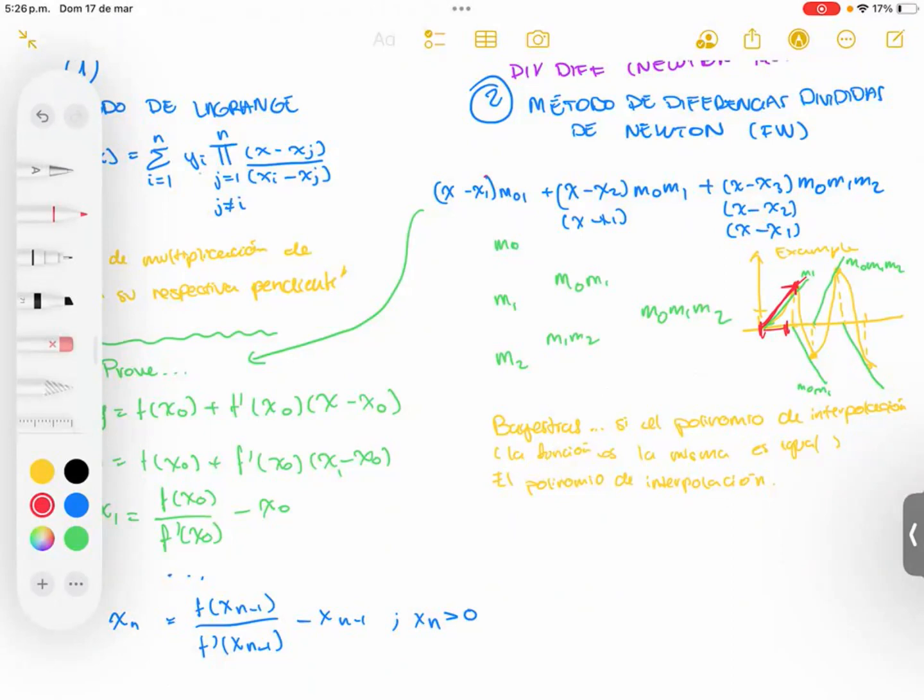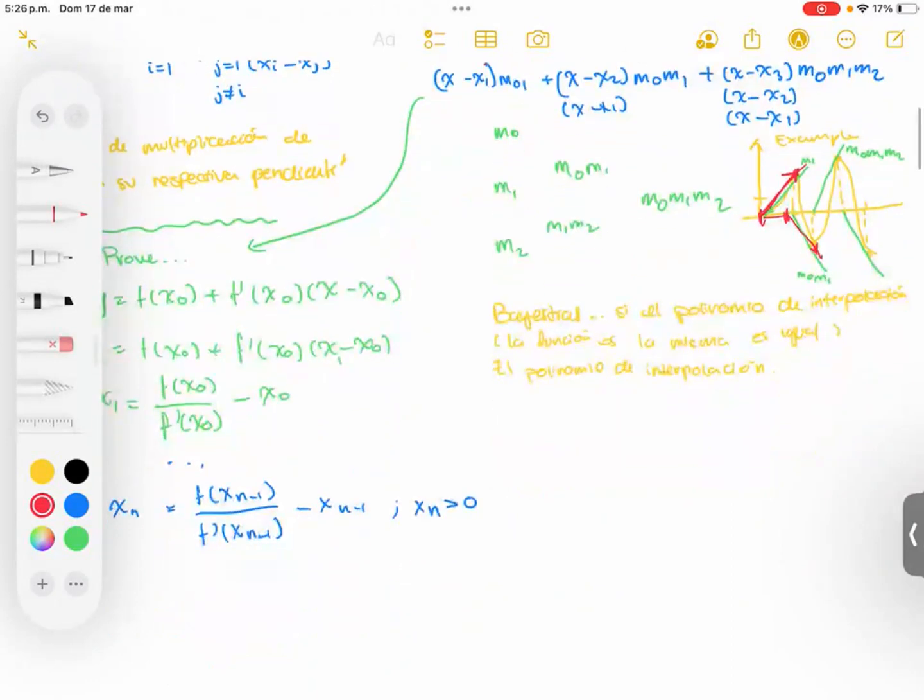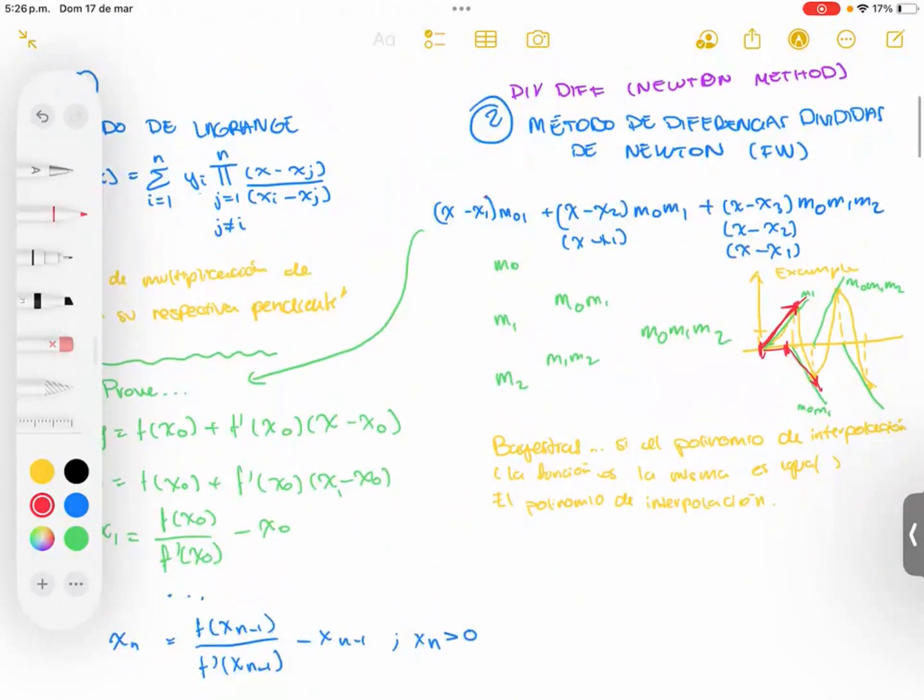So therefore you are going to have the derivative for every single one of them, and these were created by Newton. He presented two different ways of getting it. First is the divided difference by getting the slope, the multiplication of the slope in a forward position, or you can be getting it in a backward position.